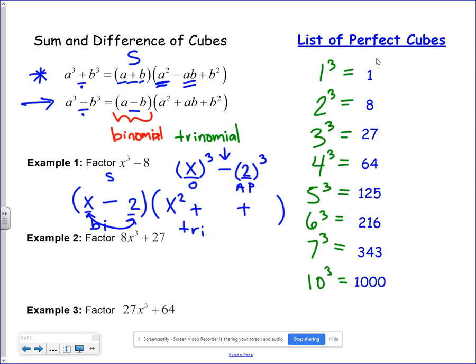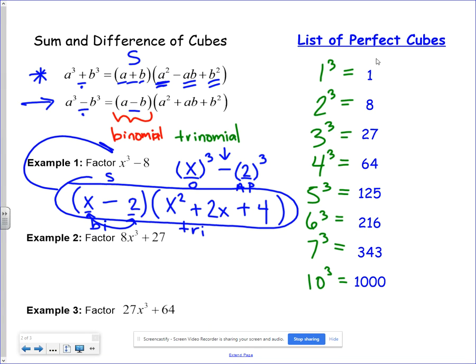X times 2 is 2x. And then to get the last term, you just take your B value, which was 2, and you square it. 2 squared is 4. So it's factored. If you were to multiply this out, you would end up with x cubed minus 8.